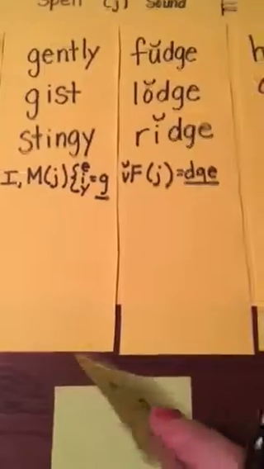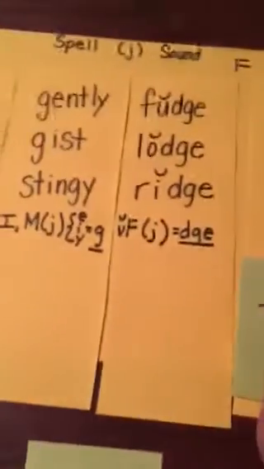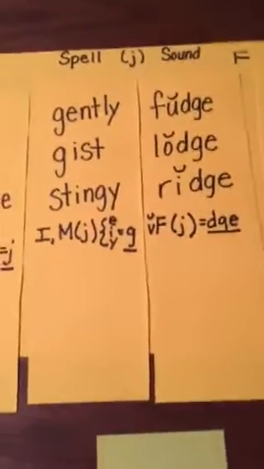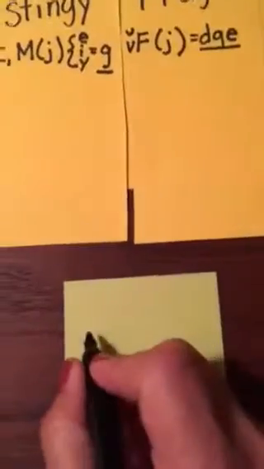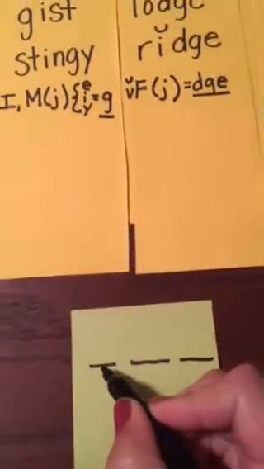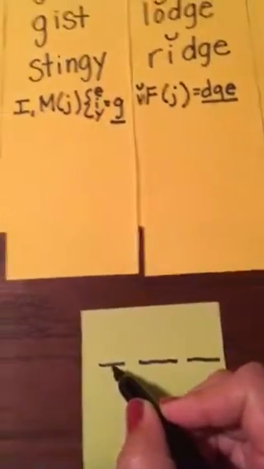Let's spell some more, another word. Let's spell join. J. Oi. J. I'm hearing that in the initial part of the word.